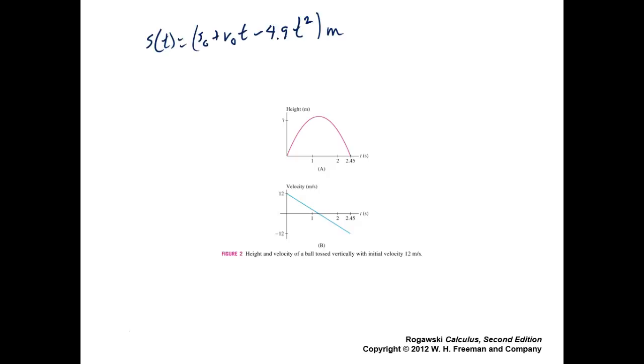If you go back and read the problem, find the acceleration a of t of the ball tossed vertically in the air from ground level. What does that tell you about S sub 0? It's 0, because it's thrown from ground level, so you're starting at 0. With an initial velocity of 12 meters per second, your V0 would be 12 meters per second.